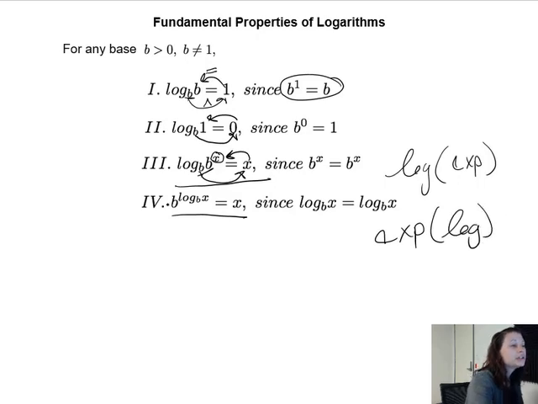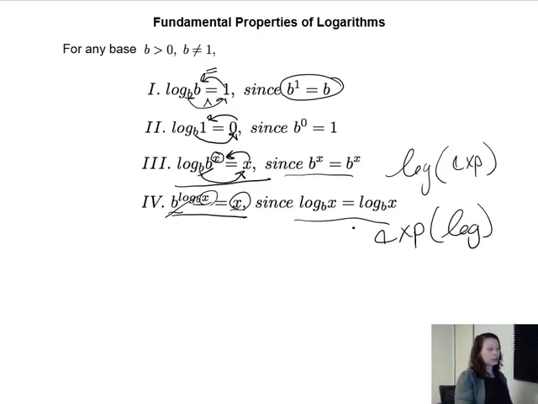So that's why it's base b to the log base b. Those cancel and we're left with x. So this is the exponential version and this is the logarithmic version. Okay, so those are our basic properties.